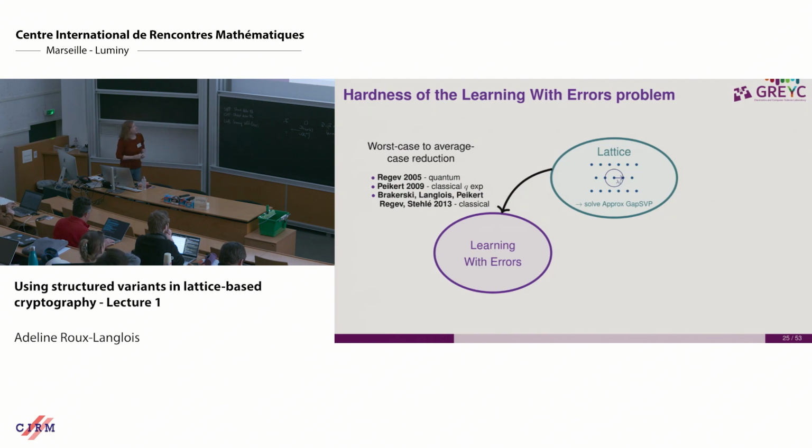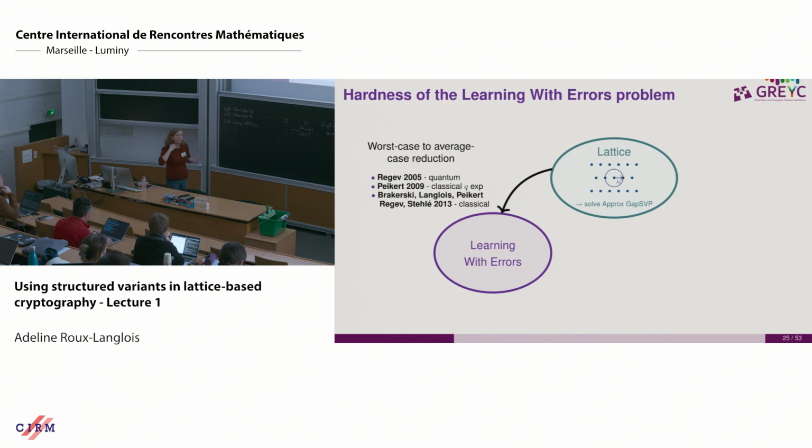So why is it a worst case to average case reduction? It is because in one case, for learning with errors, as I said, you have uniform instances. A is uniform, so we call it an average case problem. And in the other case, it's for any lattice.